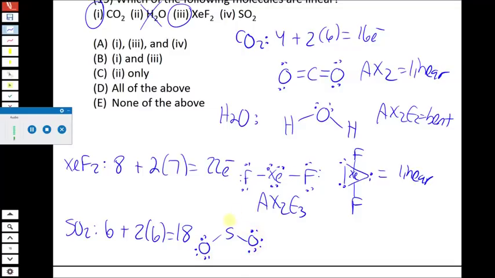That leaves 1 lone pair for the central atom. We would need at least 1 double bond to complete the octet of the central atom, but for VSEPR, whether we have double bonds or not, it doesn't matter. We would still predict that this is an AX2E structure, and this is going to be one of our bent geometries. All right, so that one's out as well. So 1 and 3 are the only 2 that are linear of these choices, which would be answer B.